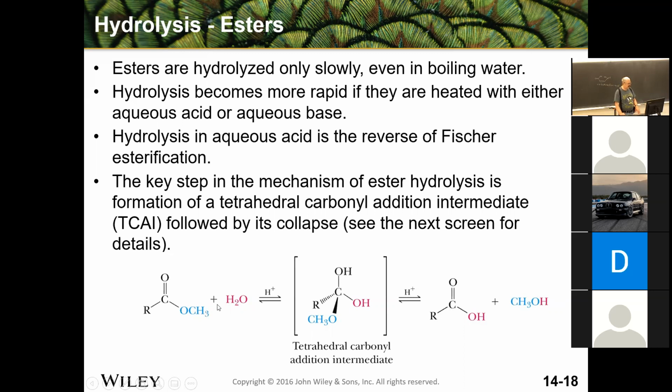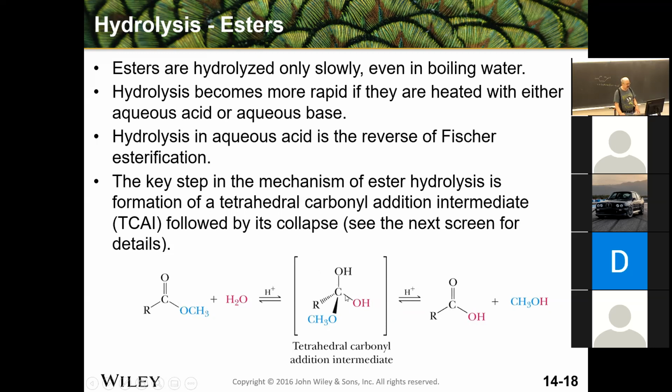This follows the same pattern. Water is the nucleophile. This is done with an acid catalyst. We go through this tetrahedral intermediate. So water attacks, we have a proton transfer. That's where we get the OH-OH.